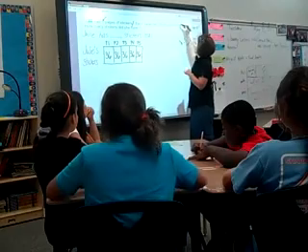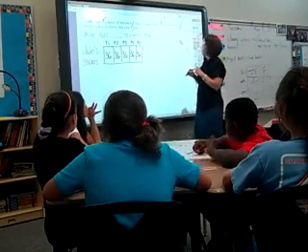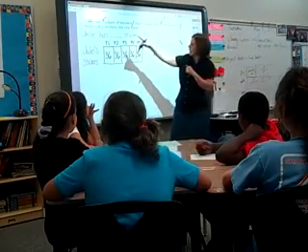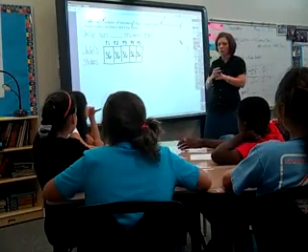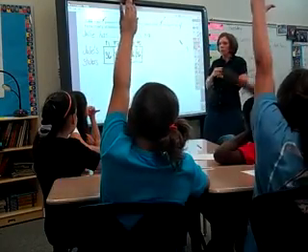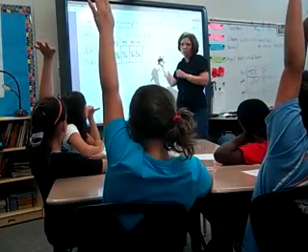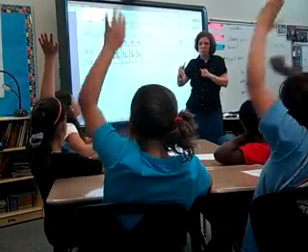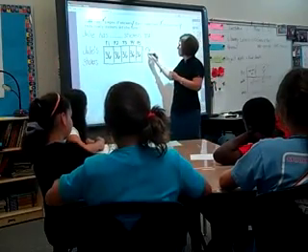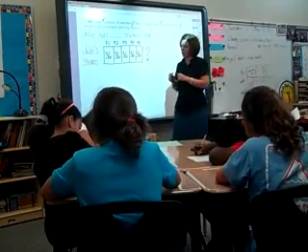So I'm going to put a check here because I dealt with that information. And then it says how many stickers did she have. So where's my question mark going to go? Am I trying to find out a part or am I trying to find out a total? The total. So my question mark is going to go out here.